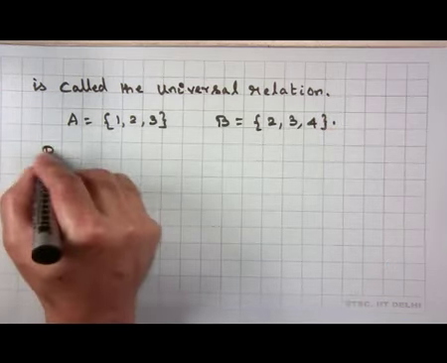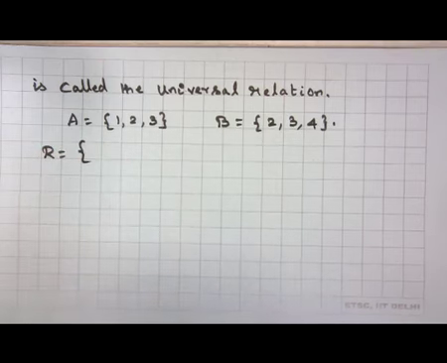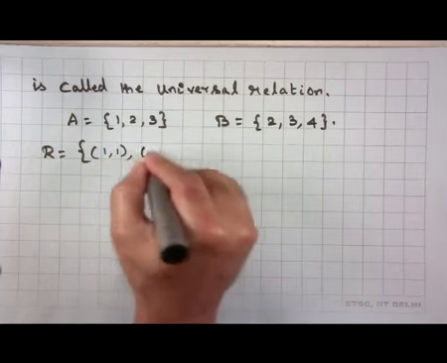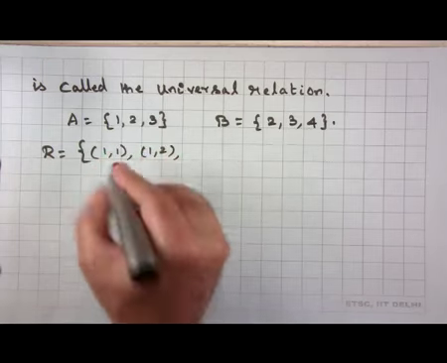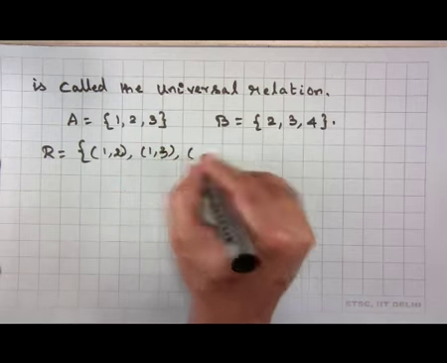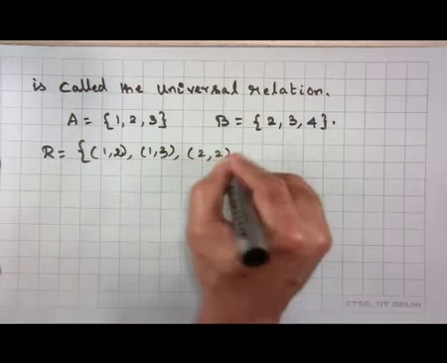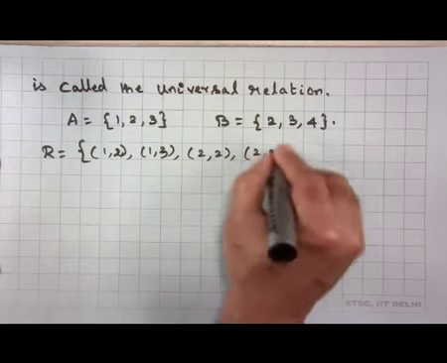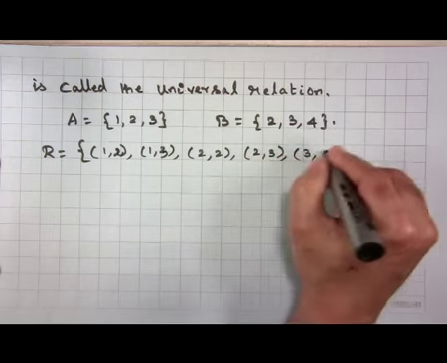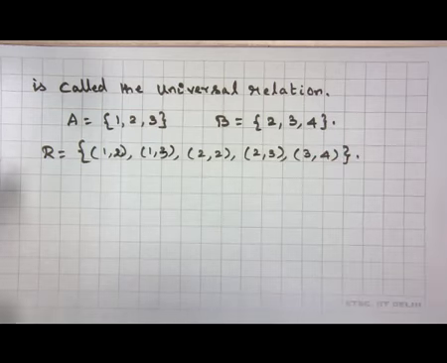Now, let us come up with a new relation or a subset of A cross B: (1, 1), (1, 2), (1, 3), (2, 2), (2, 3), (3, 4). So, this is a subset of A cross B.